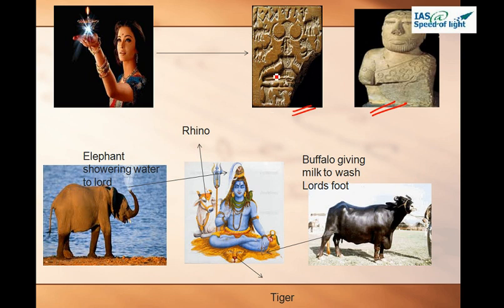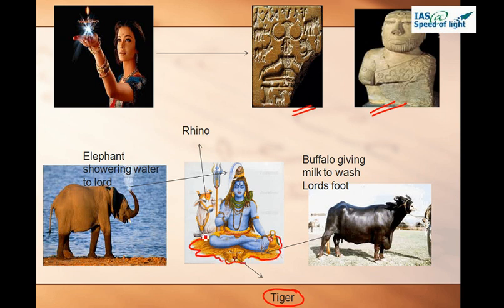So this is the yogi who is sitting, people say it's a proto Shiva, or Lord Pashupati. So see here, Lord Shiva is meditating, and let us see what all surrounds him. First thing we see, he's sitting over the skin of a tiger. This is a tiger mat made of tiger skin.